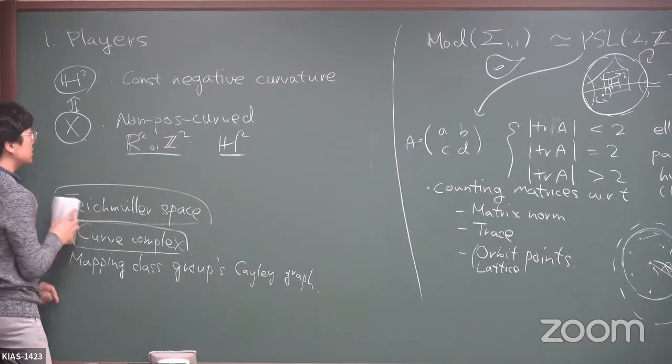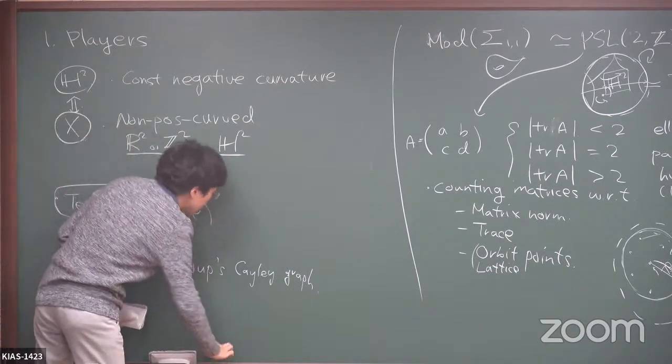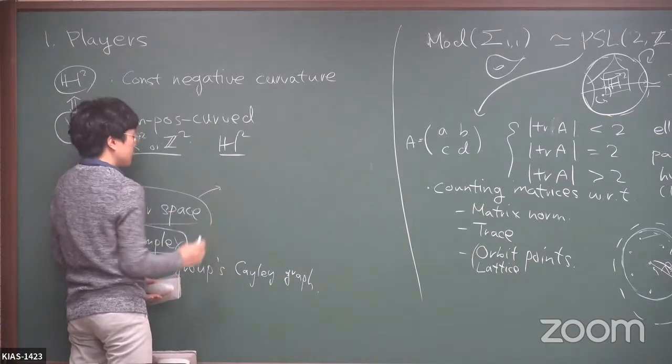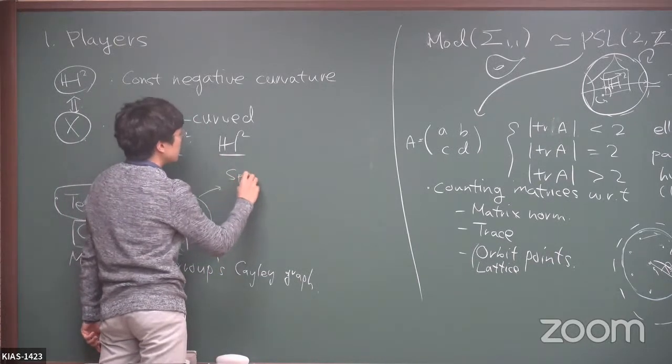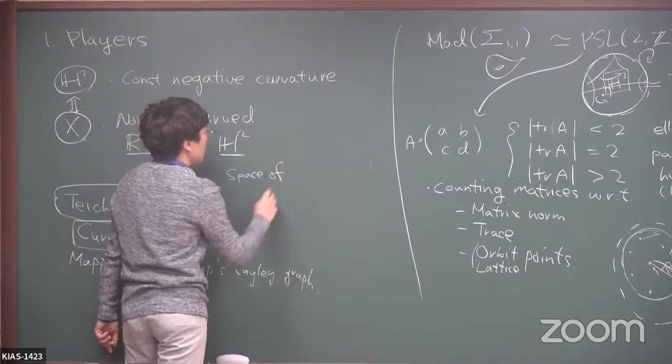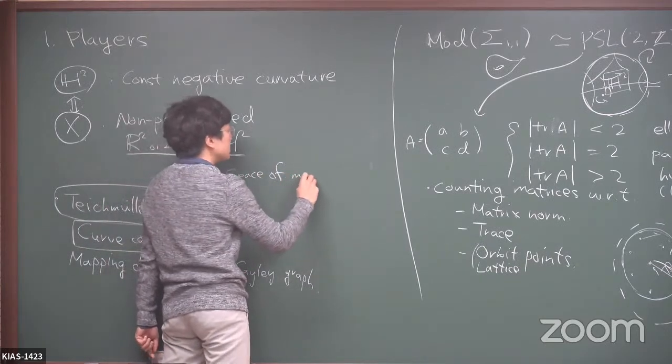And for Teichmüller space, unfortunately, just to describe, this is a space of marked Riemann surfaces.